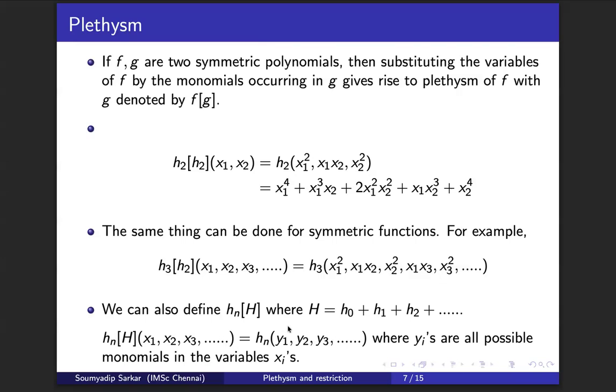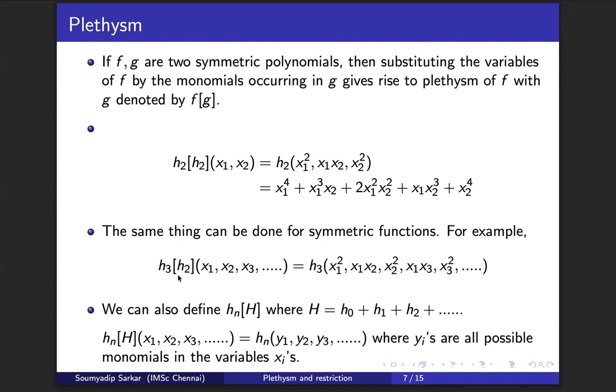Similarly, you can also define hn plethysm capital H, where capital H denotes h0 plus h1 plus h2 plus dot dot dot up to infinity. So what will be hn plethysm H evaluated at the variables x1, x2, x3? This is hn of y1, y2, y3, where the yi's are themselves all possible monomials in the variables xi.